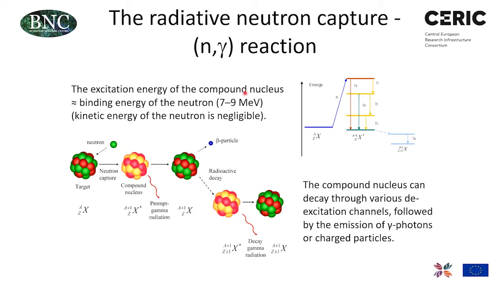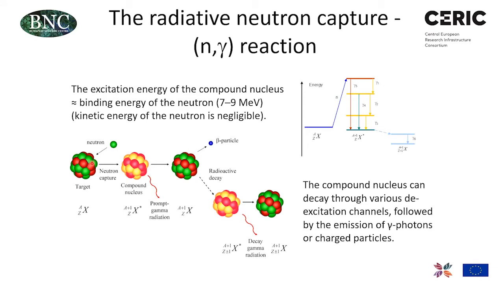Our main focus is on the so-called n-gamma reaction, which is the practical basis of prompt gamma activation analysis. Here we bombard our sample with neutrons, and the neutron is captured into the atomic nucleus.